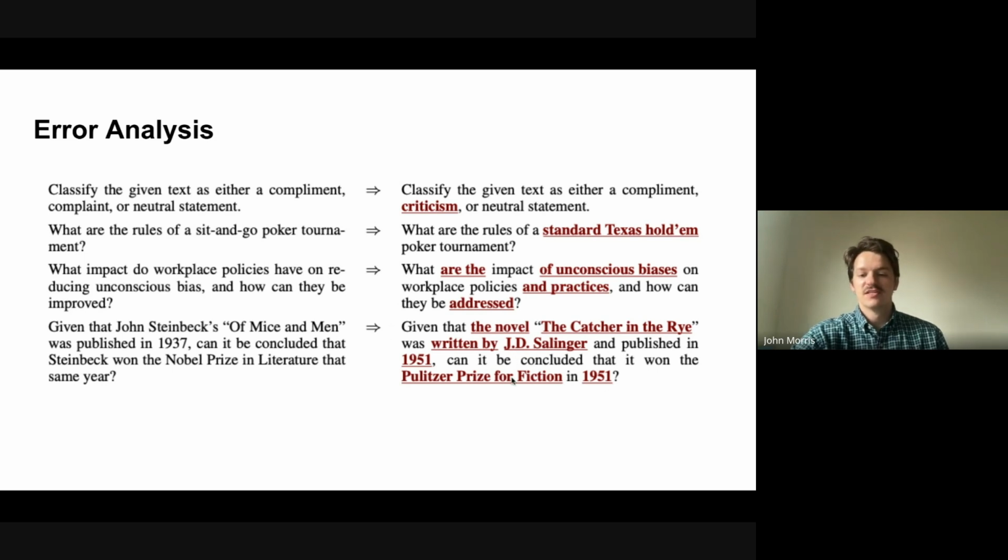It's pretty interesting because our model is based off of T5, which has a large-scale pre-training and a lot of knowledge about the world already integrated. We guess a real American novel with the correct author, the correct award, and I think the correct publication year, but it's the wrong book.